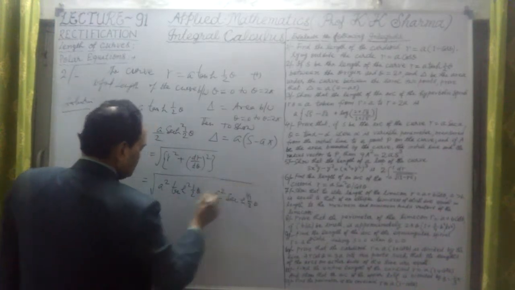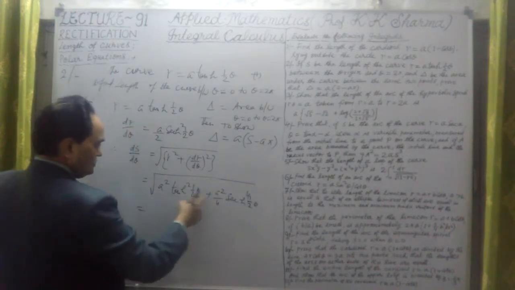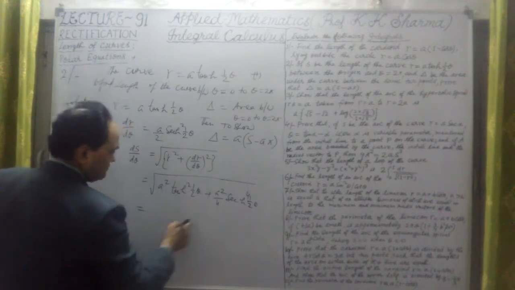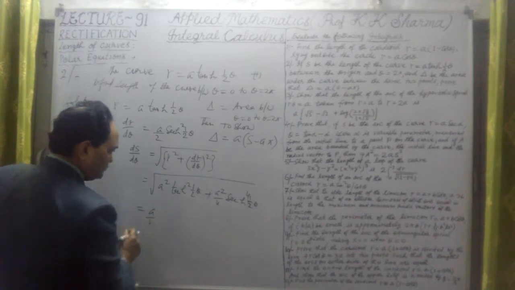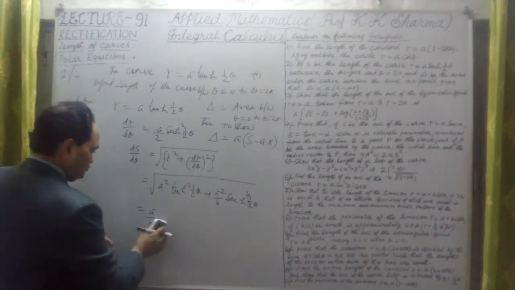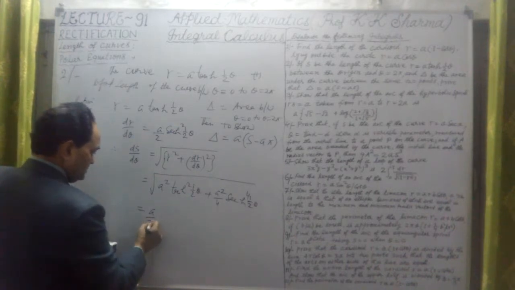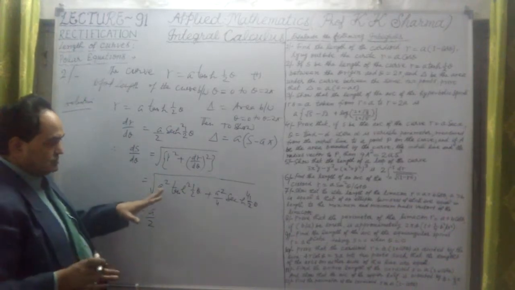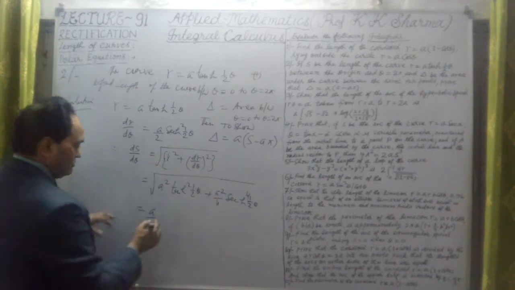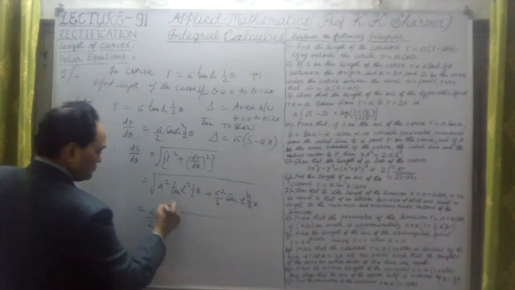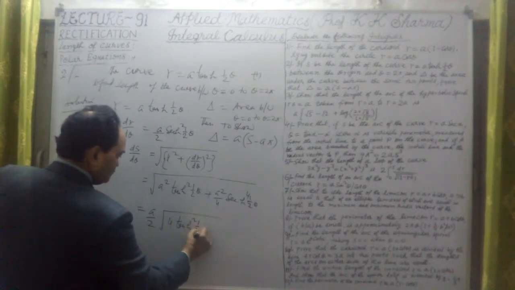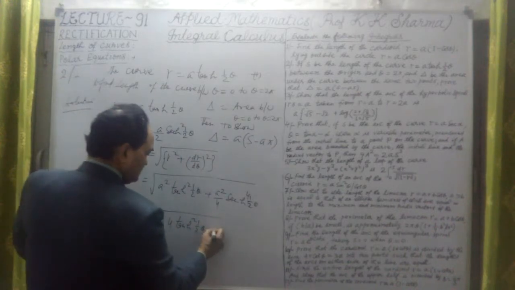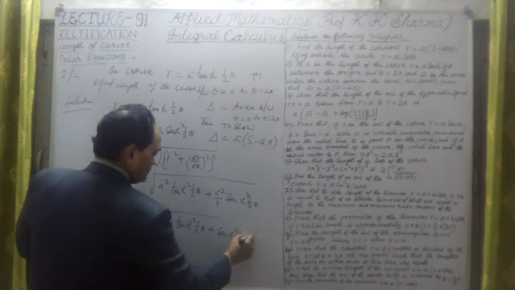Okay, so let me solve it further. We can take a common, even 4 can also be taken common, so it is a upon 4, a upon 2, sorry, a upon 2 will come out, and a square upon 4, if I take common outside the square root, then 4 into tanh square 1.2 theta will be there, plus this is nothing but sech to the power 4 of 1.2 theta.